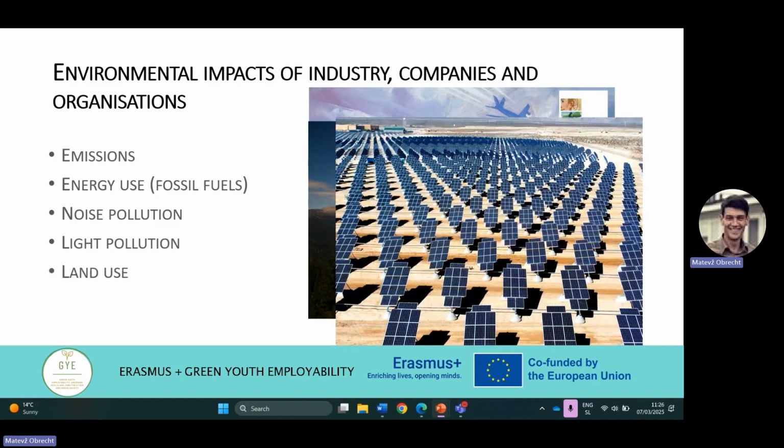Another one that we don't talk that much about is land use. Here in the picture, I have a solar power plant. You can see that the solar power plant is installed in the desert, so let's say an area where we cannot do much, and it is therefore wise to use it for solar PV, for energy production. However, if we are installing photovoltaics on arable land, we can reduce carbon footprint, of course, because we will reduce the use of fossil fuels.